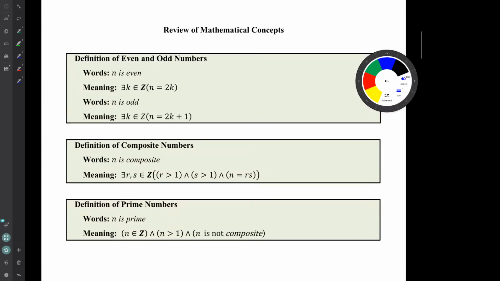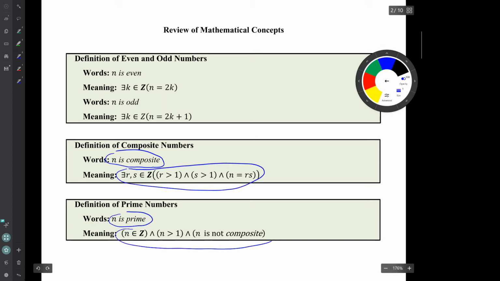So the definition of even and odd numbers was to say that n is even means that this existential statement is true. To say that n is odd means that this existential statement is true. To say that n is composite means that this existential statement is true. And to say that n is prime means that this and statement is true.